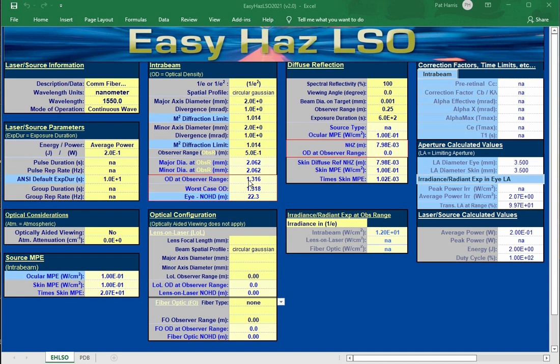Now, where our observer is at a half a meter, we have an OD requirement of 1.316. Worst case is 1.318. So that tells us, right over here, a little bit of difference in how much of the power is being transmitted through the limiting aperture versus all the power being transmitted through it. It's like 99.7%, but we see it in this third decimal place right here.